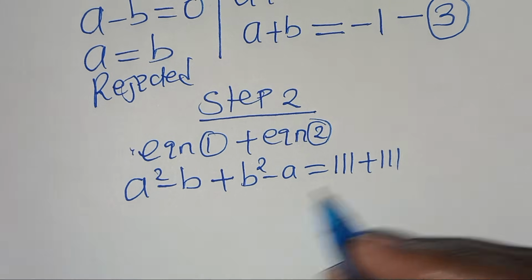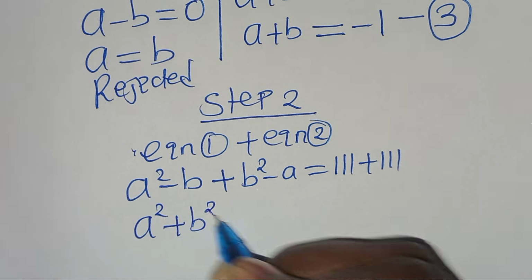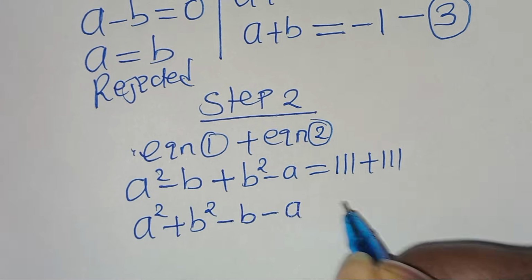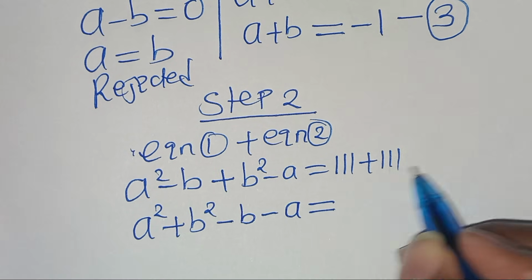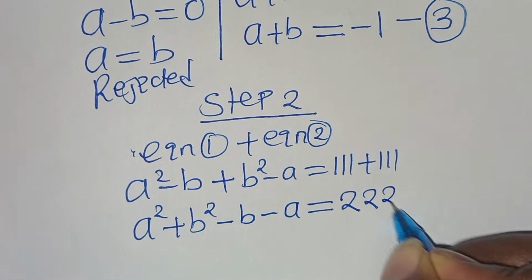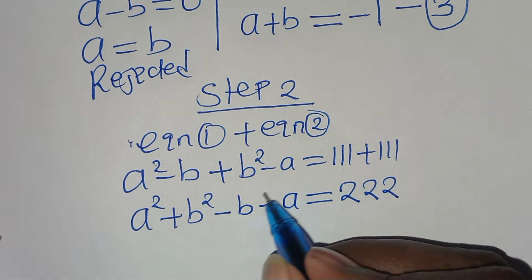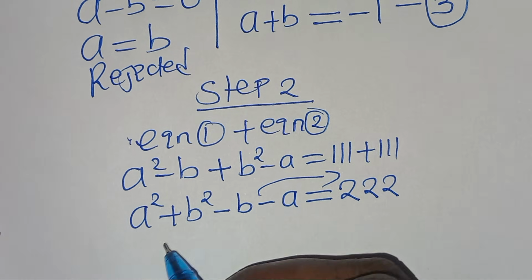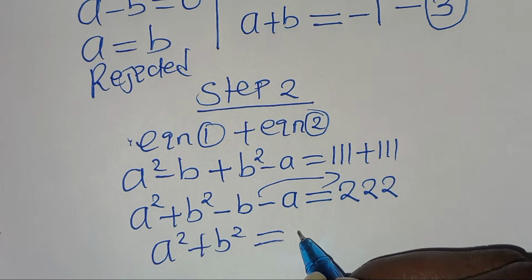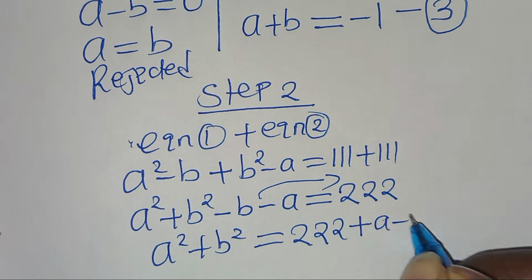So therefore, from here we have a squared plus b squared, then minus b minus a. This is equal to 111 plus 111. This is 222. So that now, let's take minus b minus a on the right hand side, so that we have a squared plus b squared. This is equal to 222 plus a plus b.